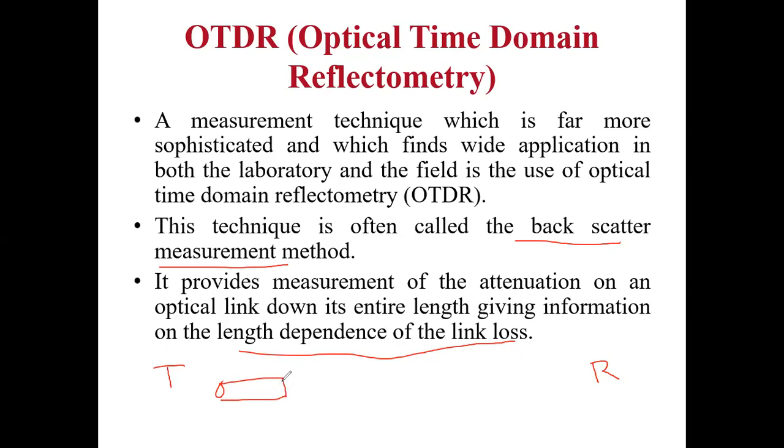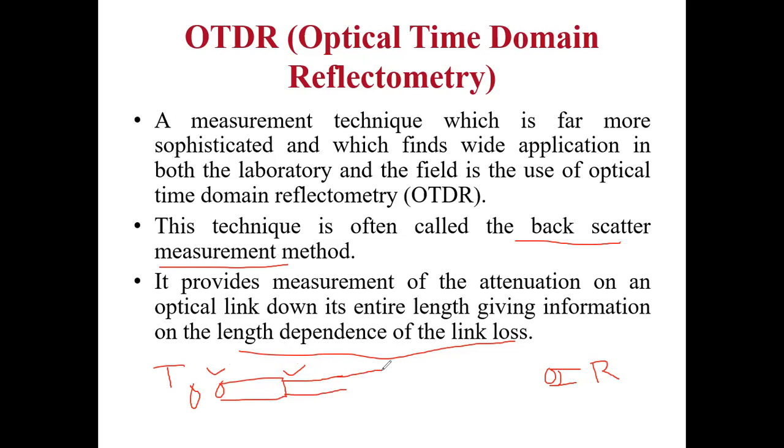The moment there is a splicing or a join, there will be loss. When the source light is coupled into the fiber, there also there is loss. At the receiver, when the optical detector is connected to a normal electrical connection, everywhere there will be some amount of loss incurred. So connector loss will be there, splicing loss will be there.